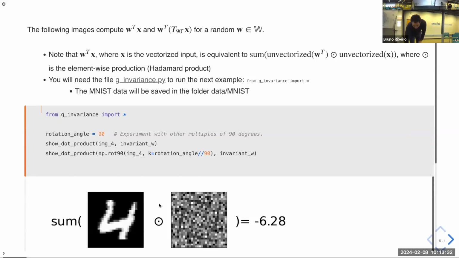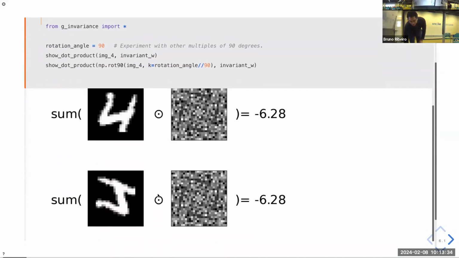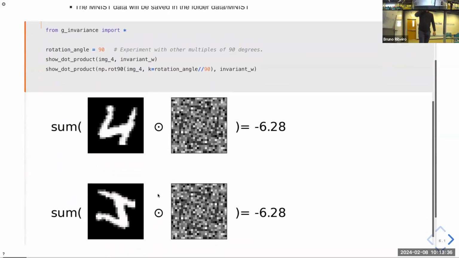Oh no, it takes a while. Wow, that was scary. Okay, so I am showing this weight matrix restricted to the invariant subspace. I am doing the inner product of this vector against this vector, and this is the output. Now I rotated my image 90 degrees, and I'm doing this inner product with the same weight matrix, and you can see that the inner product is still the same.